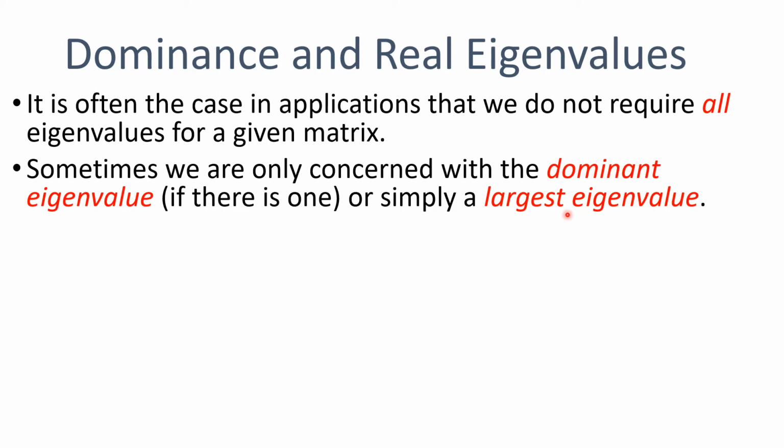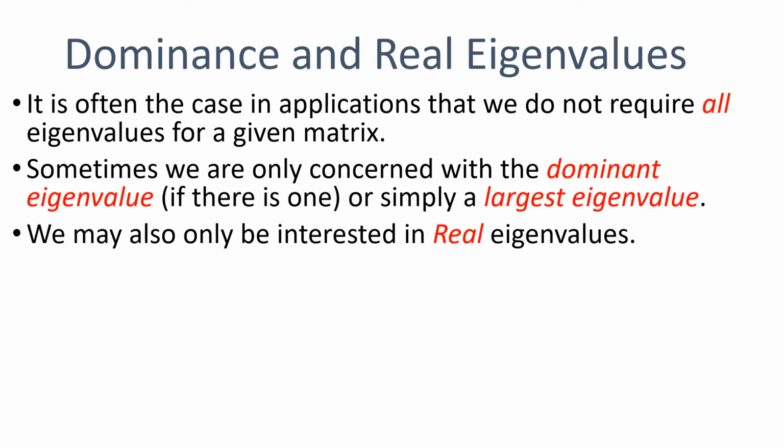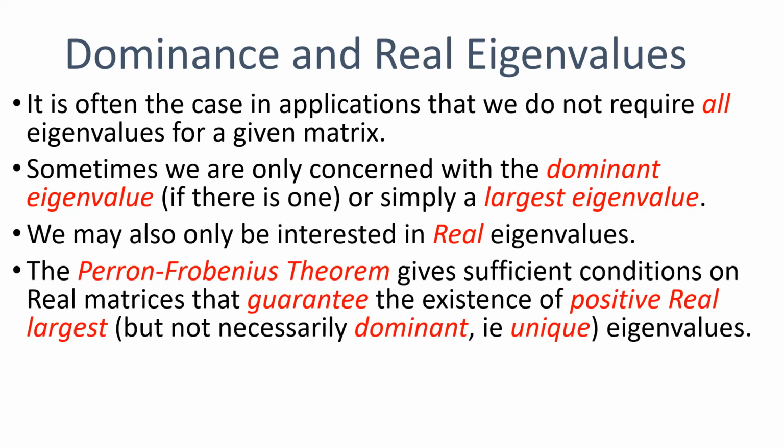So in many applications, we're only interested in the dominant eigenvalue, or even not so much that, but just the largest eigenvalue. In many cases, we're not really that interested in complex eigenvalues. We wish to have instances in which there are only real eigenvalues.